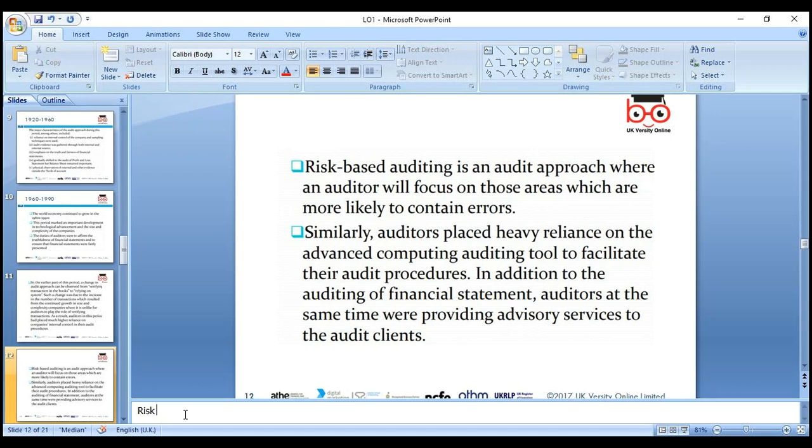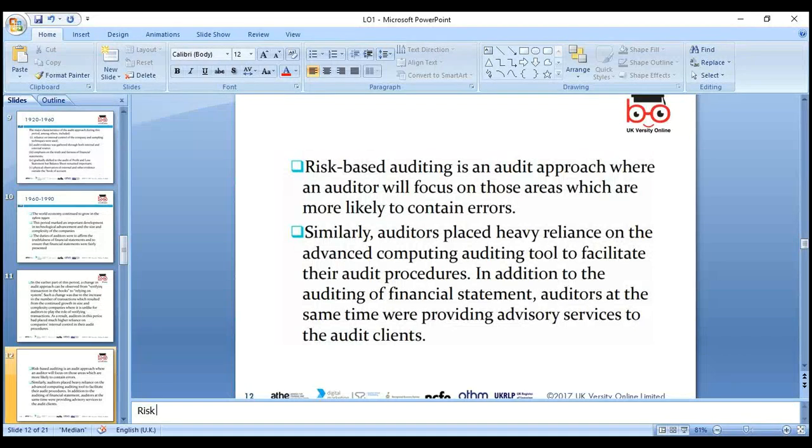We should detect them, we try to eliminate them, and we should highlight them to stakeholders so it won't happen in future. So risk-based audit is an auditing approach where our work will be focused on those areas which are most likely to contain errors.